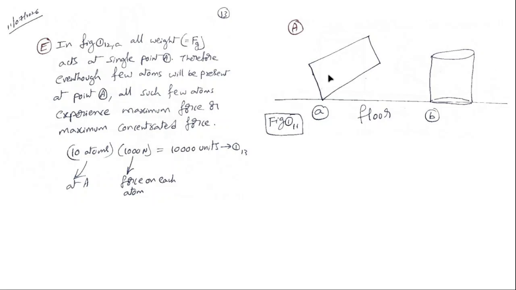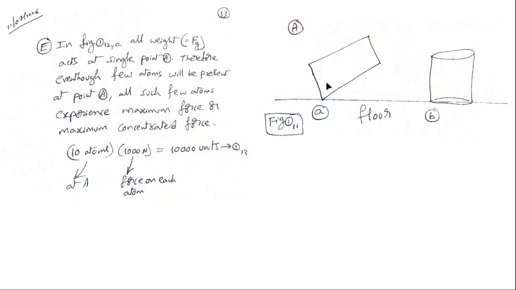Let us say the object's gravitational force is all acting on a few atoms, and this force has to be distributed on the very few atoms at the point of contact. Let us say each atom is experiencing 1000 newtons, and there are only 10 atoms at this point of contact. Then 10 into 1000 is equal to 10,000 units.